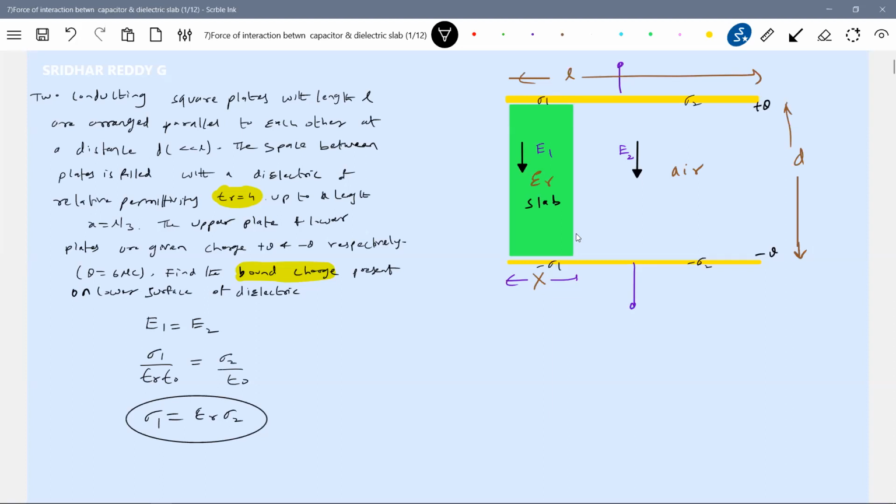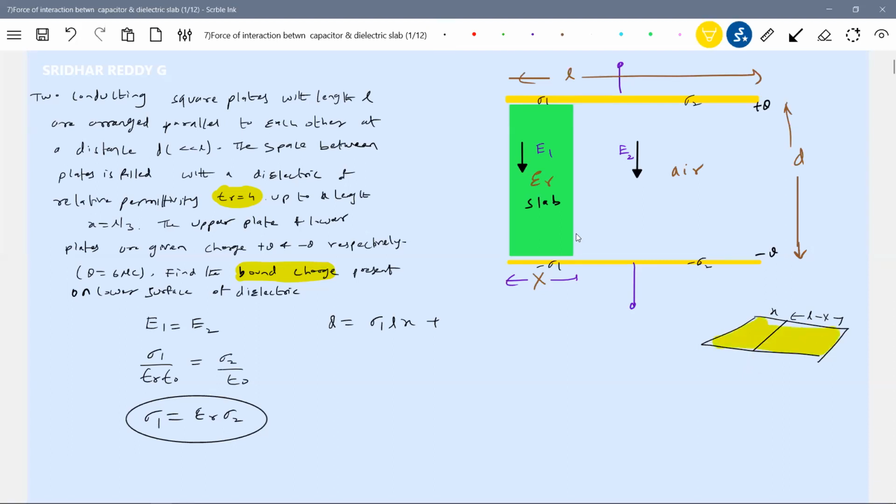Then what is the total charge given to the plates, Q? So what is that Q should be equal to? Sigma 1 into L into X. Hope you are able to imagine this, and the remaining distance will be L minus X. This is the plate.